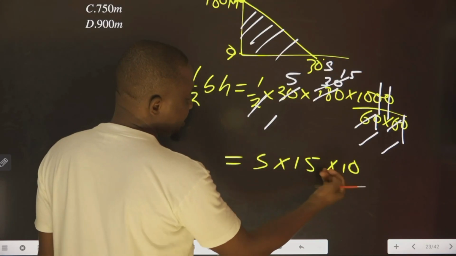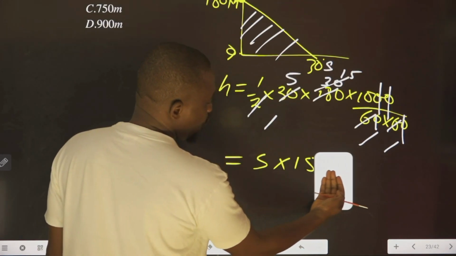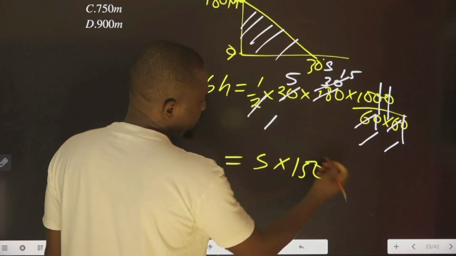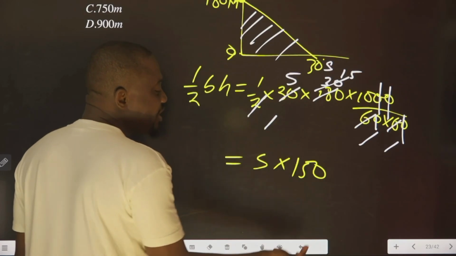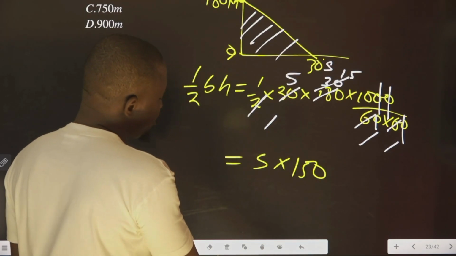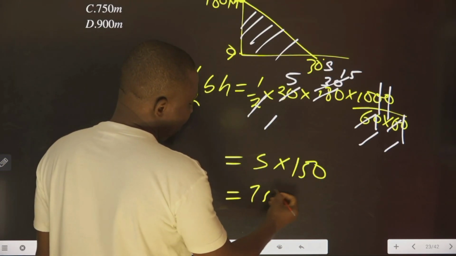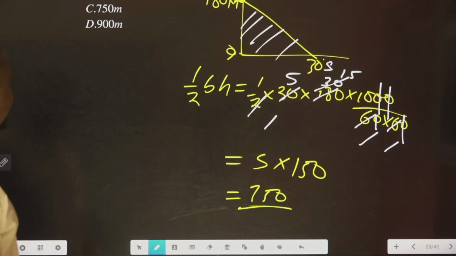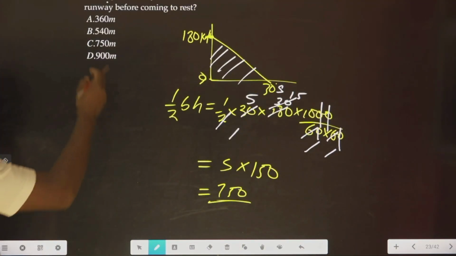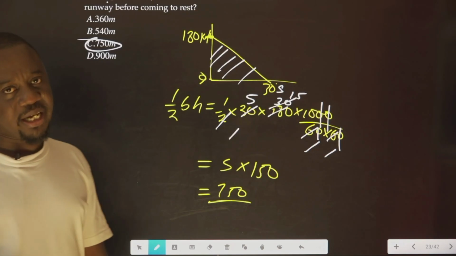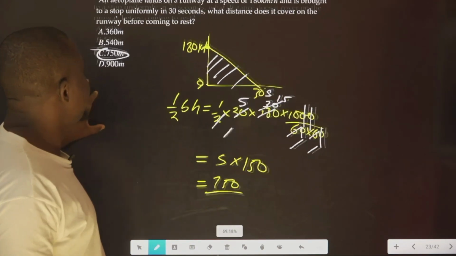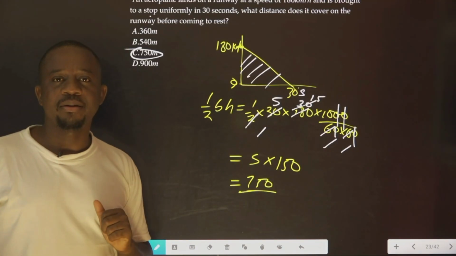This is actually 150. 150 multiplied by this, you agree with me, you're going to have 75. Then you put 0, 750. So the answer is what? 750 meters. Straightforward. Okay? Let's look at this.